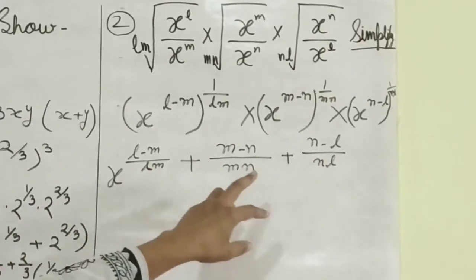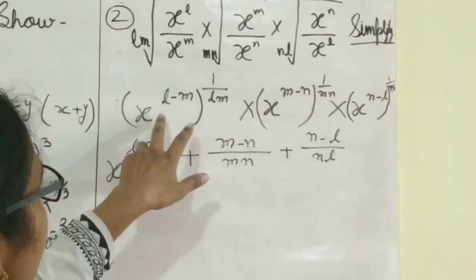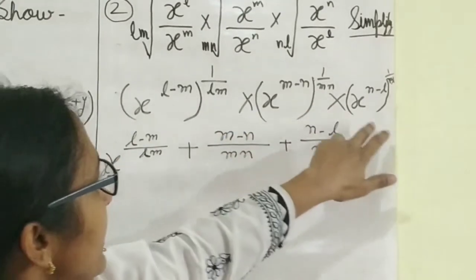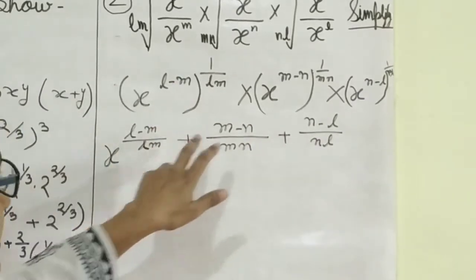I think you have understood that all the bases are multiplying, so their powers will add up.